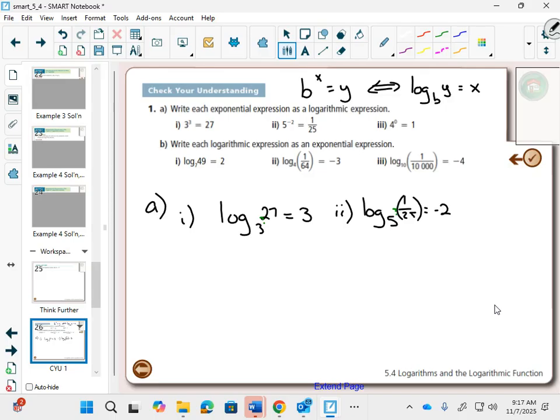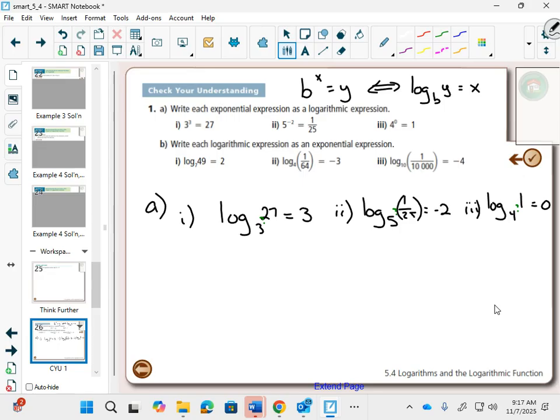And finally, 4 to the 0 is equal to 1. So in logarithms, this would mean log, the base is 4, the answer is 0. Log 4 of 1 is equal to 0. And this is asking 4 to what exponent is equal to 1?